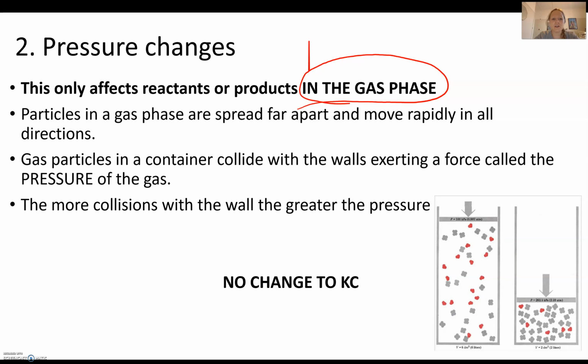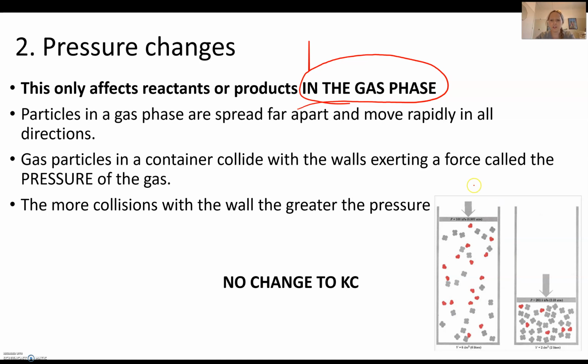Pressure is gas particles colliding with the walls of a container, and they exert a force, and this force is pressure. So the way to change pressure is actually by changing the volume.